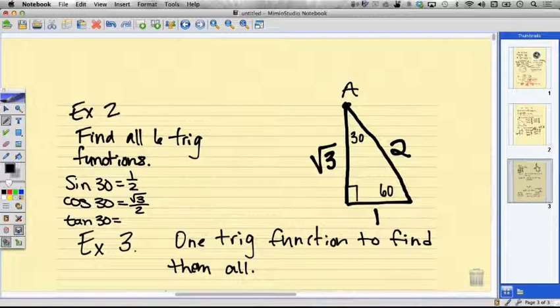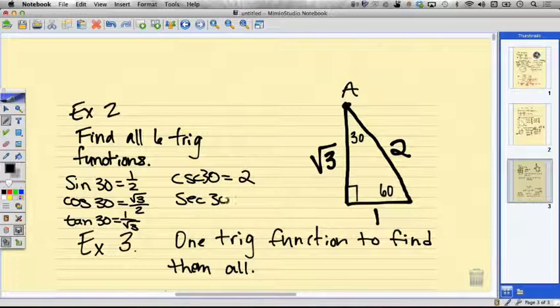That would be 1 over the square root of 3. To get cosecant, we just flip those around. So that would be 2. We're going to flip over cosine for secant of 30. That's going to be 2 over the square root of 3. And then cotangent of 30 would be equal to the square root of 3.